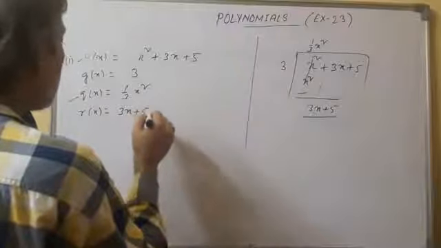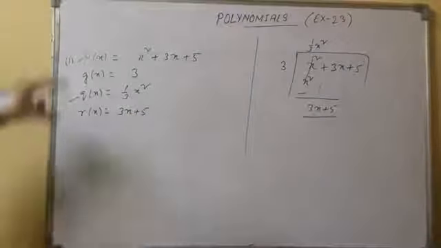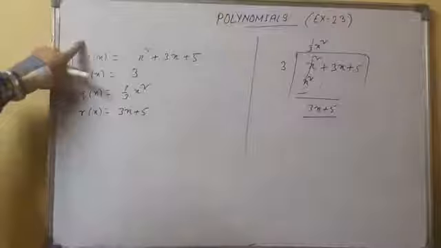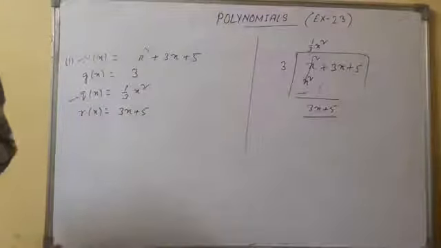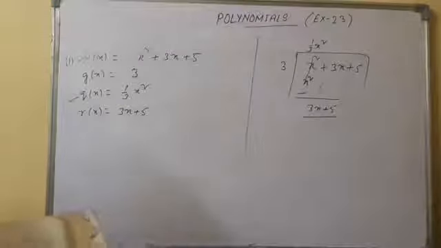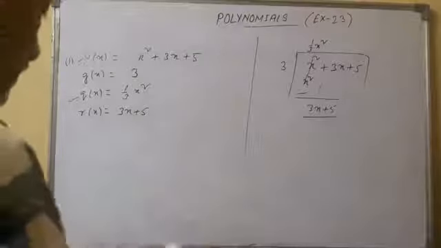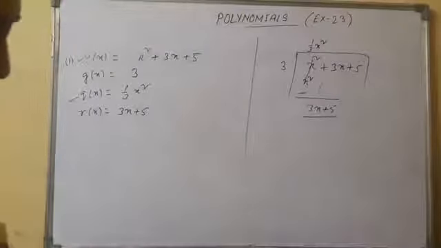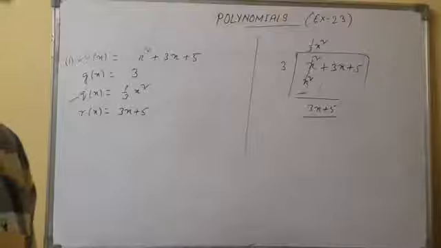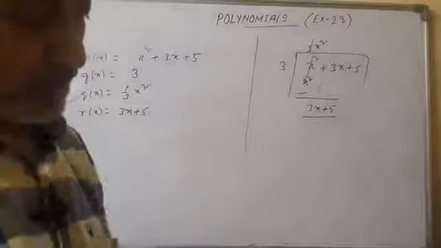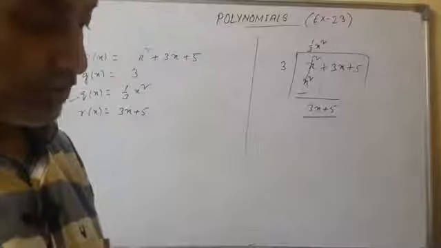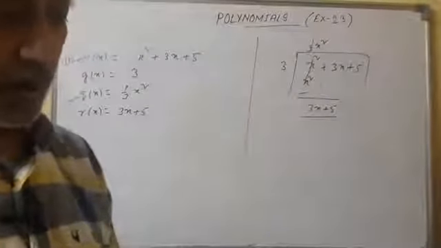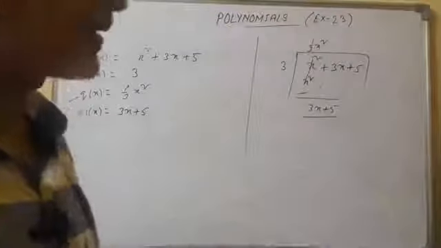इस पे कोई कंडीशन तो है नहीं. Now look, degree of p(x) and q(x) both is 2. तो पहले में कंडीशन था degree of p(x) should be equal to degree of q(x). So we have done the first part. Now we will do the second part. In this, degree of q(x) should be equal to degree of r(x).